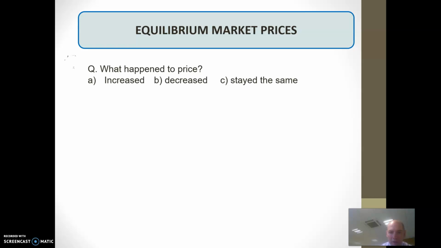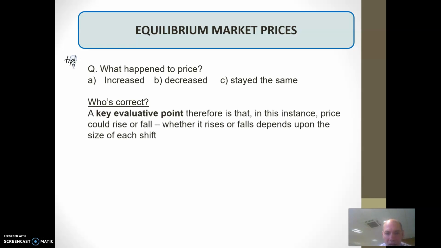So we go back to our question: who's correct? Some of you drew price increasing, some decreasing, some stayed the same. The question asked you to discuss whether the price increased or decreased, and what we need is that evaluator point, and in this instance that evaluator point is that price could rise or fall or stay the same.